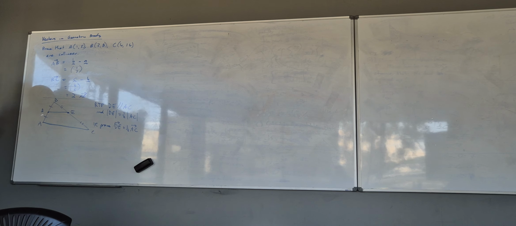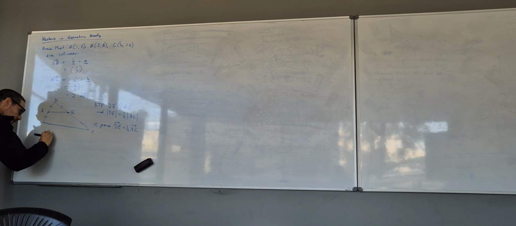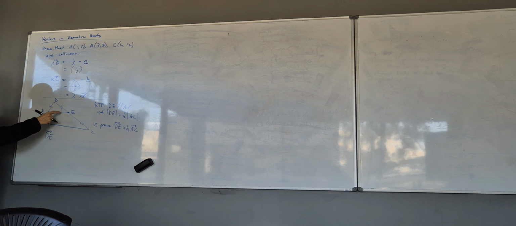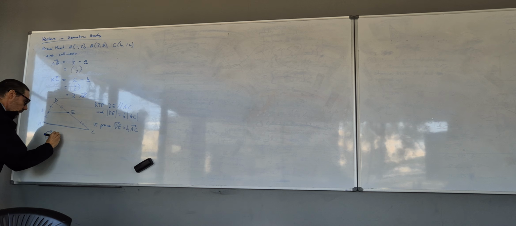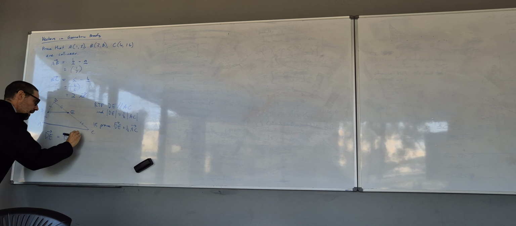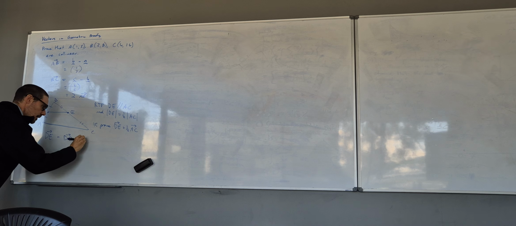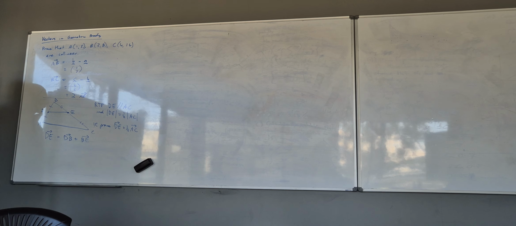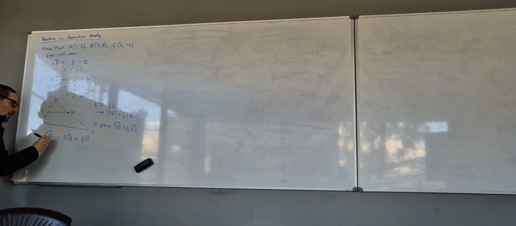Okay, let's look at DE. To get from D to E, I could go via B: DB plus BE. Remember that from your vectors? To get from D to E, I'm going to go D to B and then B to E. But D's the midpoint, so DB is half of AB, right?